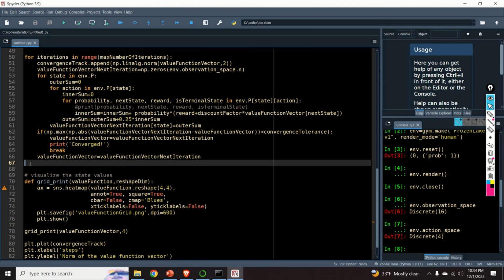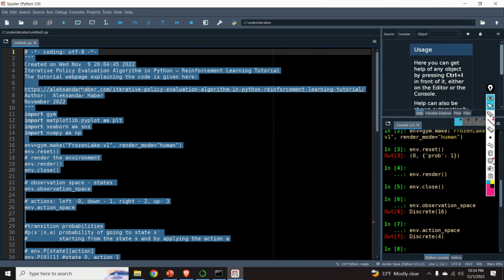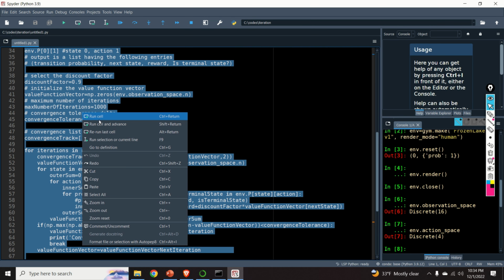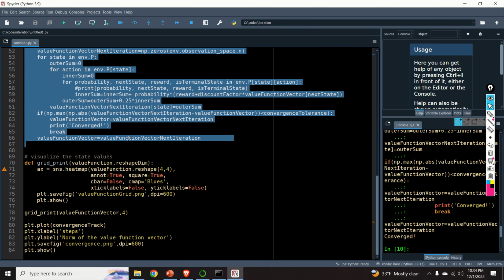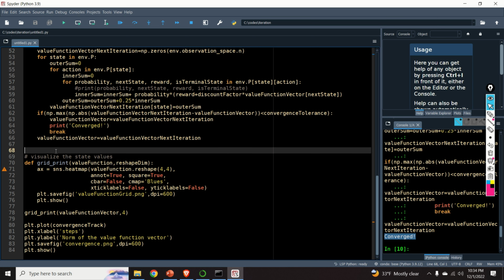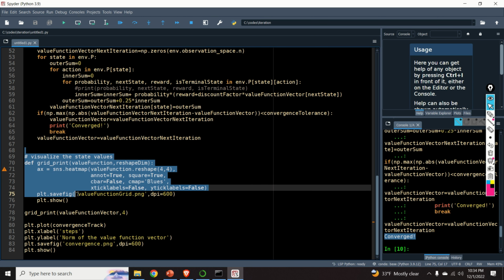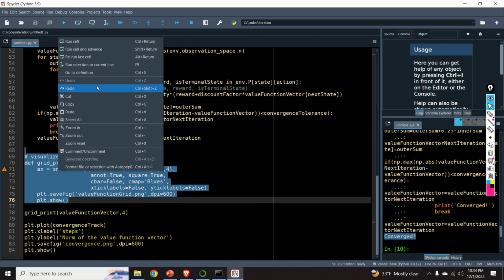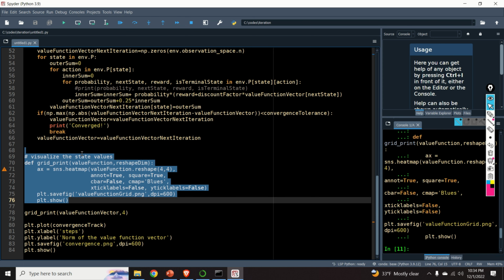Now we are ready to run the algorithm. I will simply select this part, do the right click, and run. I obtained the message that my algorithm converged. So let us visualize the results. I defined this function over here to visualize the results.